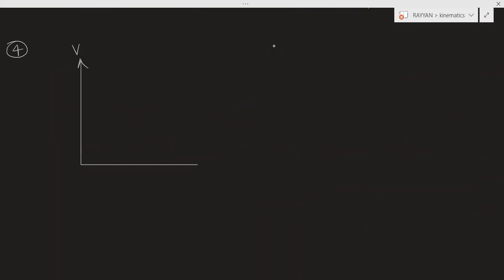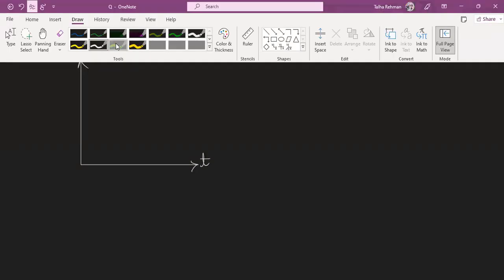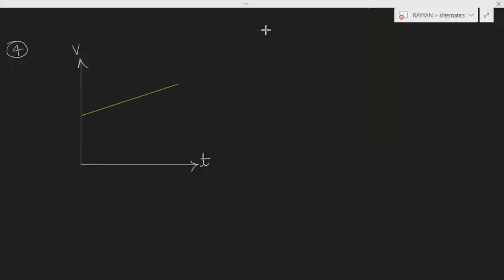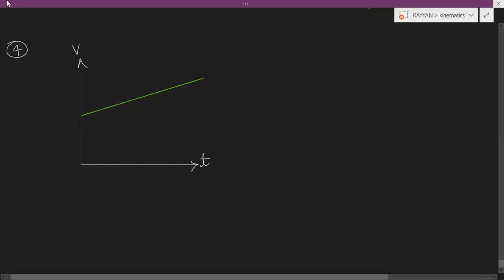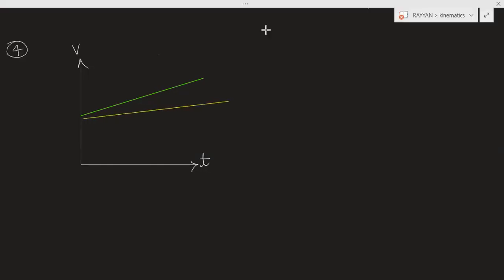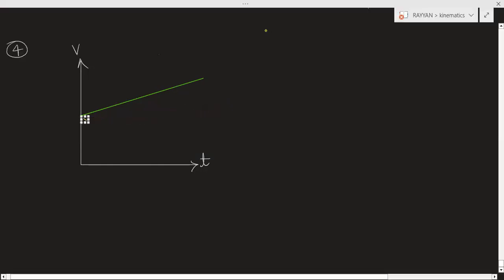Velocity here on this axis, and here is time. If suppose the graph is like this, in this case also, if I am talking about the angle theta, see this graph first. This is the graph.